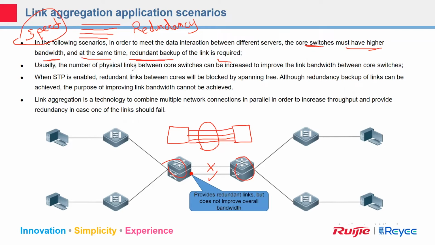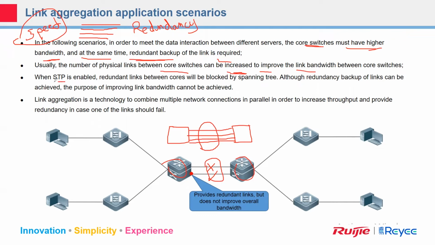Usually, the number of physical links between core switches can be increased to improve the link bandwidth. Like we have mentioned here, not just 2 links, you can have 4 links, 6 links, 8 links even. So that improves the link bandwidth between core switches.